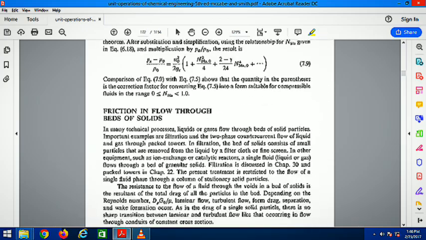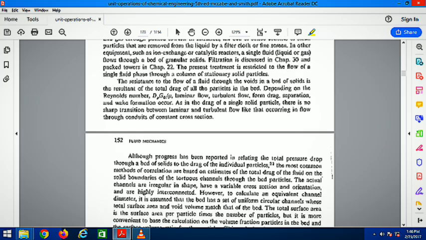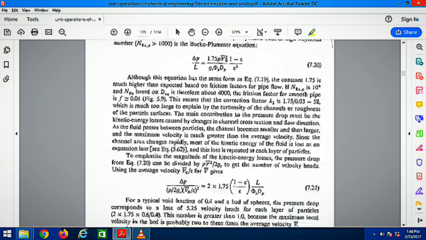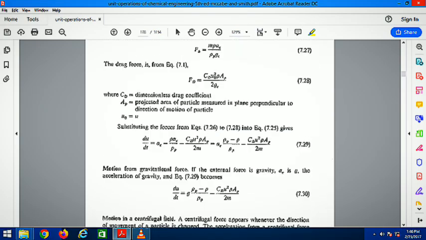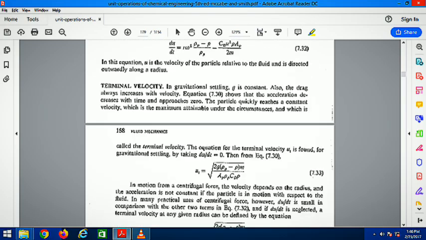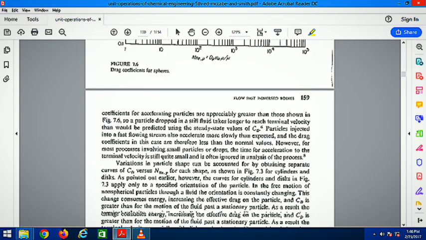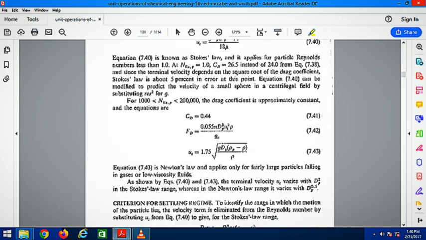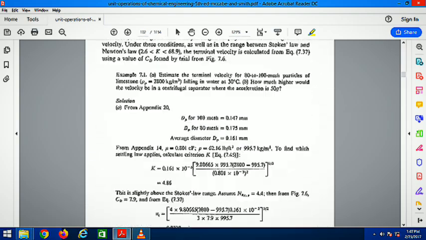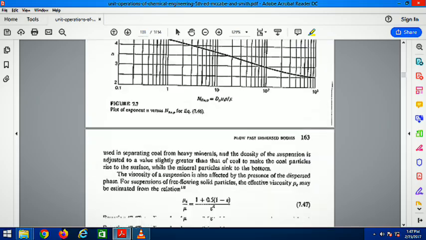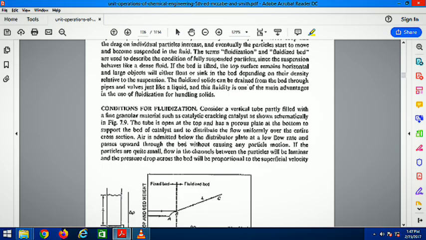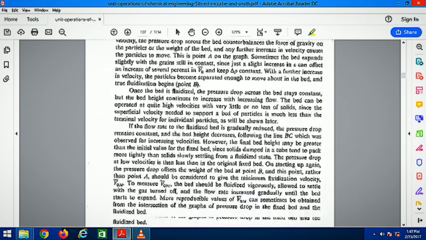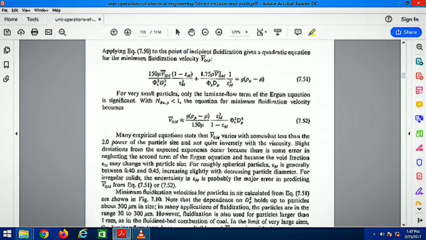So moving on to the next topic, we'll move on to fluidization. Fluidization is a vast topic, so I will just suggest you to get a knowledge of how fluids behave in the voids in the bed, and finally we get the equation, the Ergun equation.